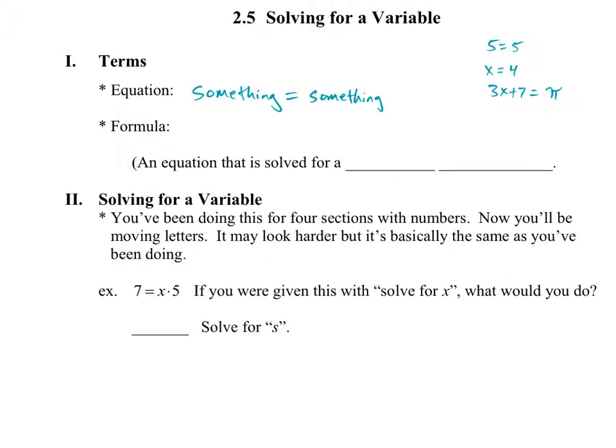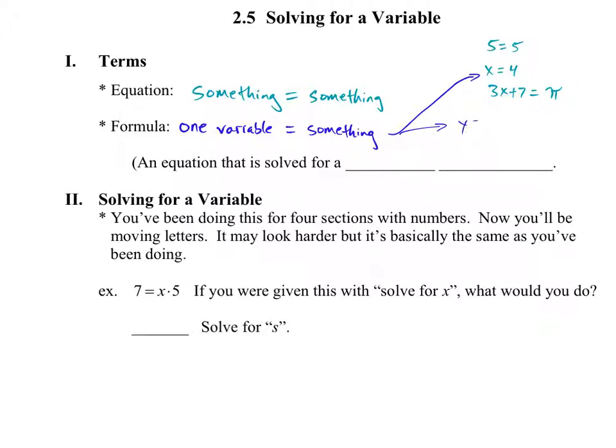A formula is a type of equation. A formula is going to be where you have one variable equals something. So of those ones that we had before, only one is going to be a formula because that's x equals something. But that's not the only possible thing.